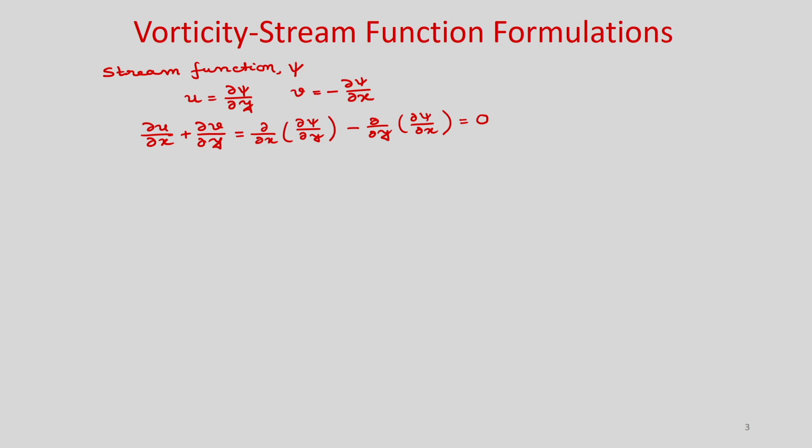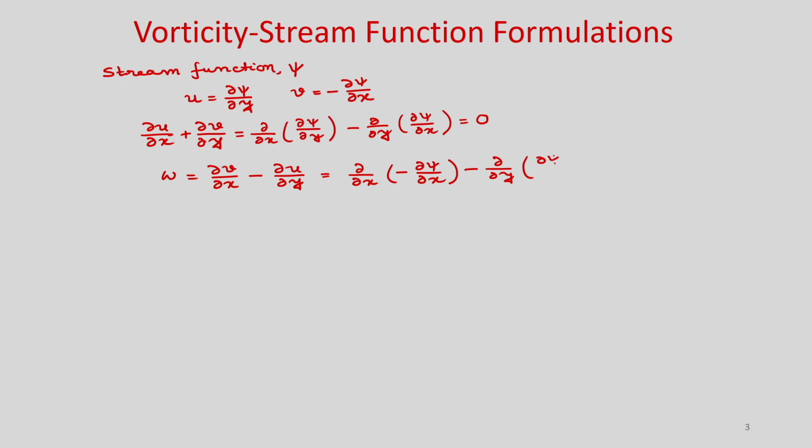So, now we know the definition of vorticity. Vorticity already we have defined, omega is equal to del v by del x minus del u by del y. Now you substitute v here. Del of del x, what is v? V is nothing but minus del psi by del x, and minus del of del y, what is u?